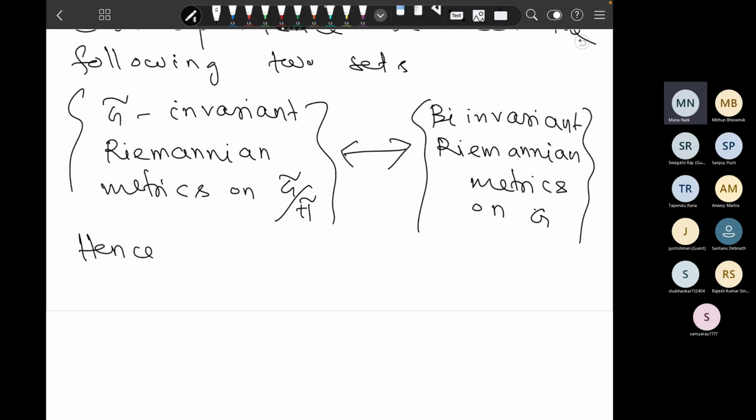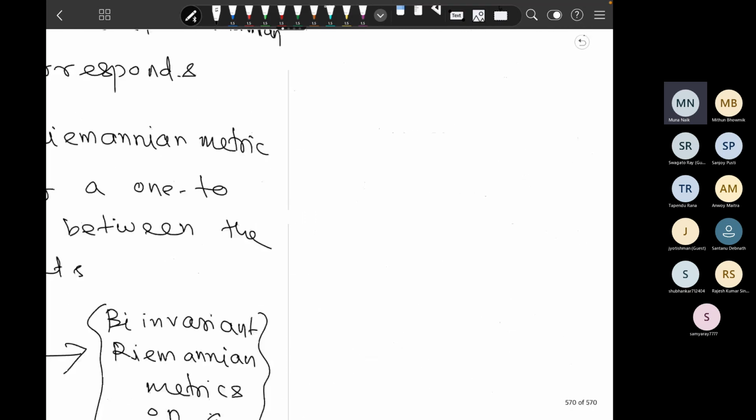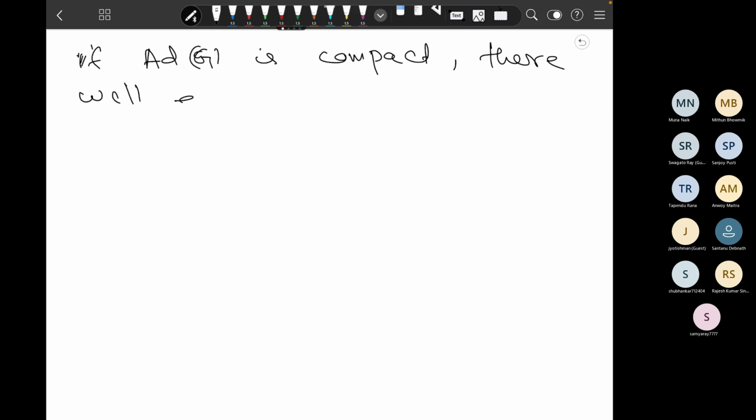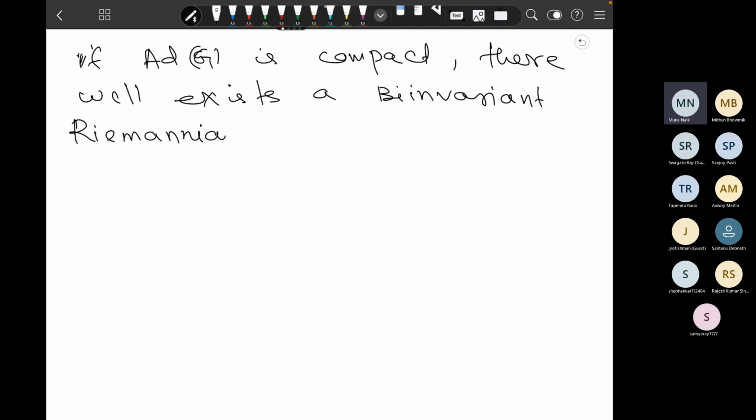Hence, we have shown that if G is compact, there always exists a bi-invariant Riemannian metric on G. Okay. So this is the thing.